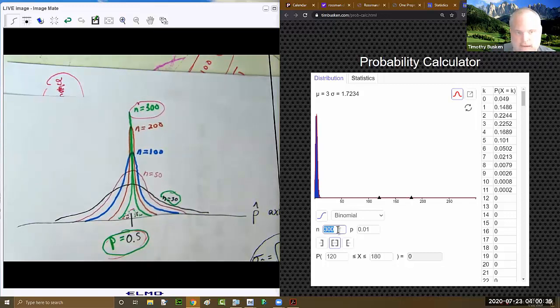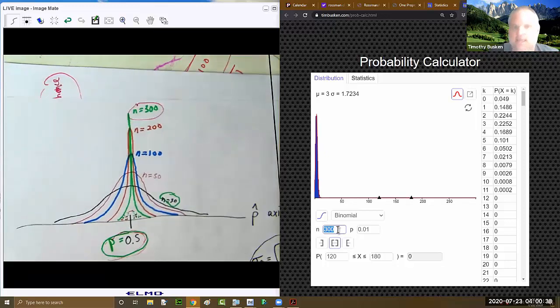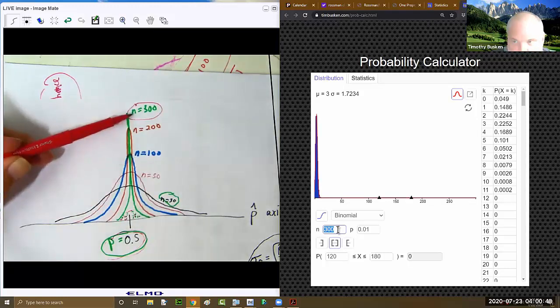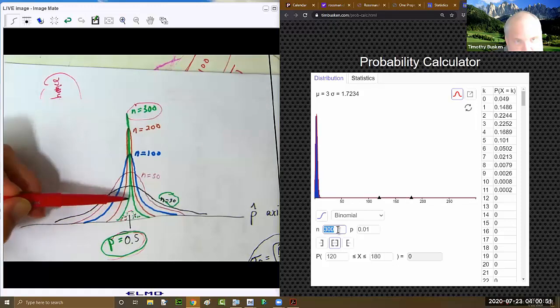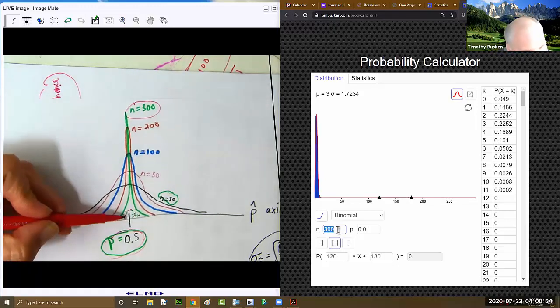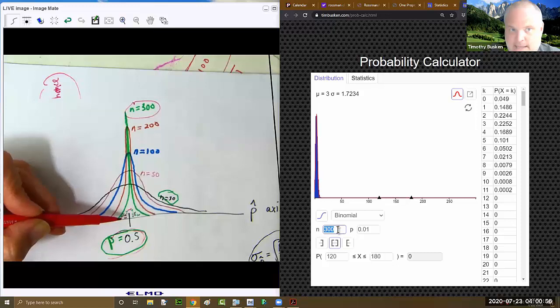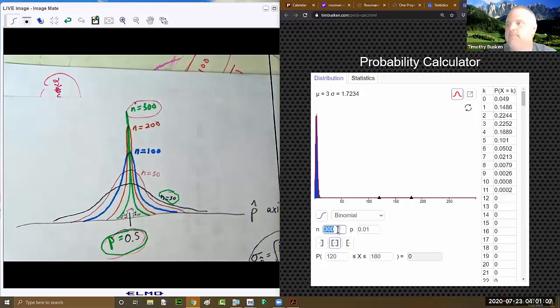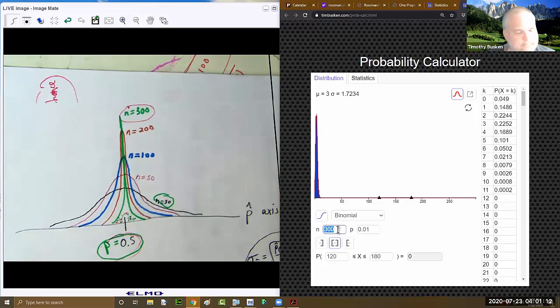So if you don't know what p is, and you're trying to get a good estimate of it based off a random sample, if your sample size is large enough, the standard deviation of the sampling distribution will be so small that it's highly likely, according to the empirical rule, that no matter what random sample you get, that sample percentage will be darn close to the actual value of p, and so you're going to get a good estimate of p even if it's unknown. Okay?